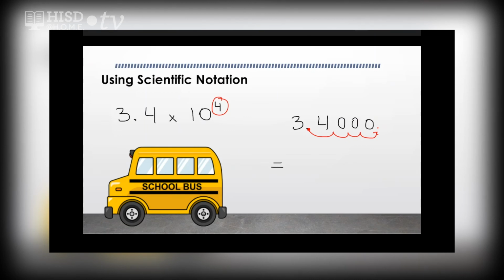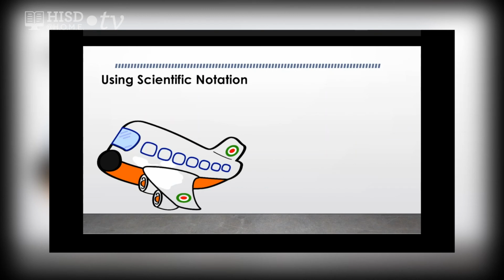So the standard notation of this scientific notation number is going to be 3, 4, and 3 zeros, which means this is 34,000 pounds. So the weight of the bus is 34,000 pounds.